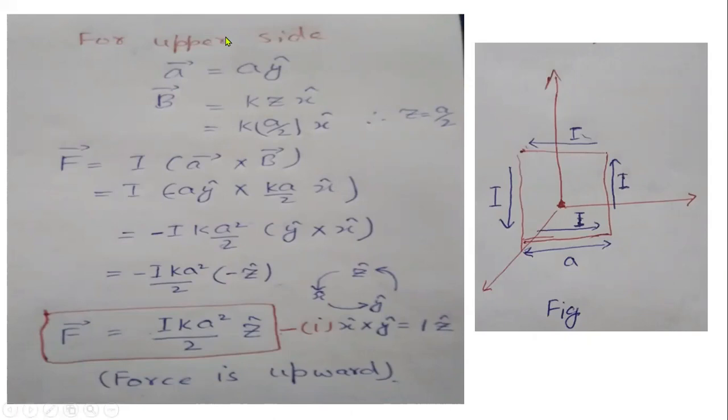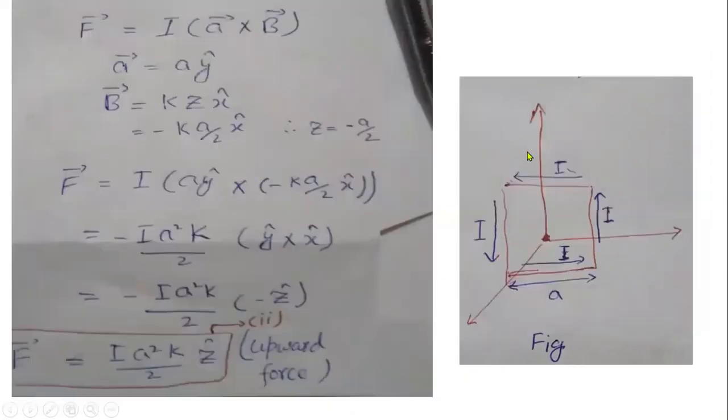Now we calculate the force acting on this upper side. From this upper side, the current is flowing along the negative y direction, and so the length has negative y direction.